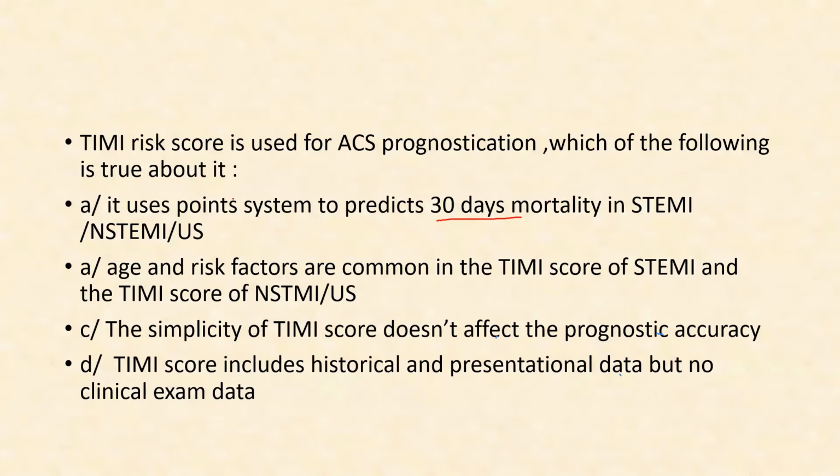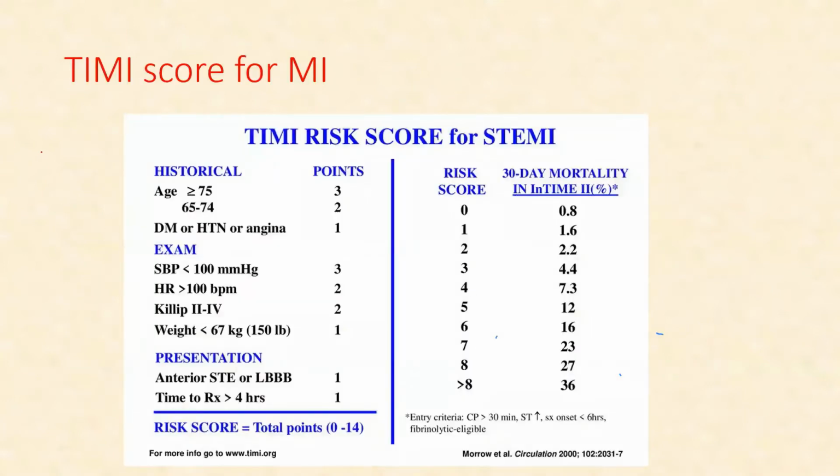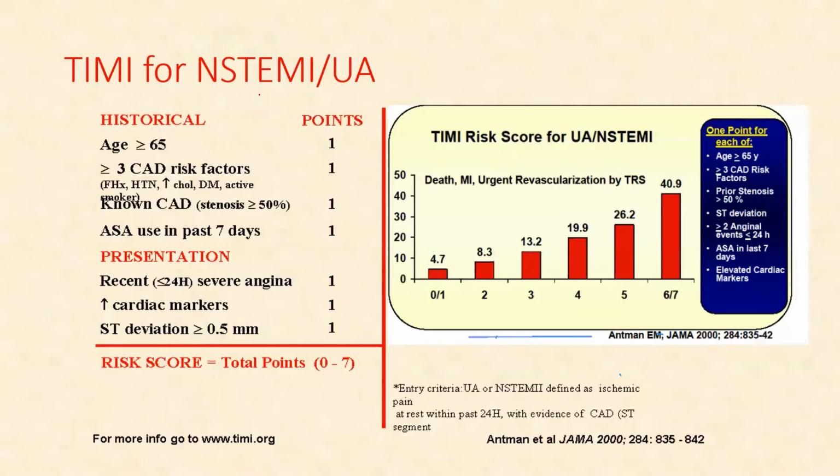Okay, is TIMI risk score about 30 days mortality? Yes and no. Because what we have are two: TIMI risk score for STEMI and TIMI risk score for non-STEMI and unstable angina.